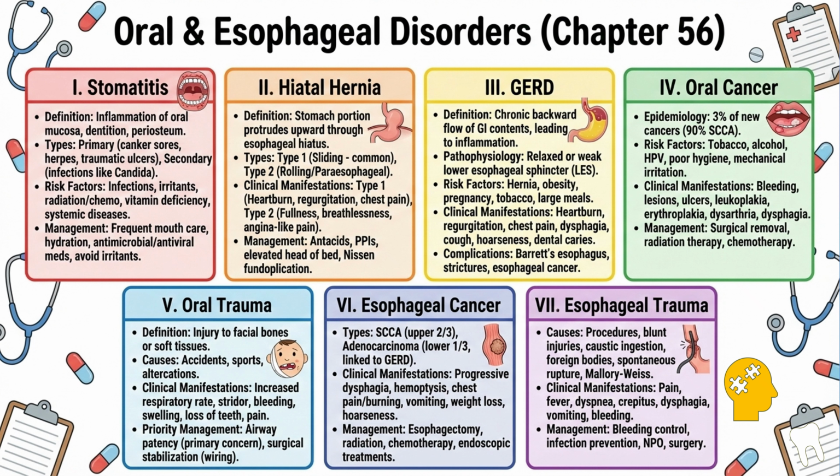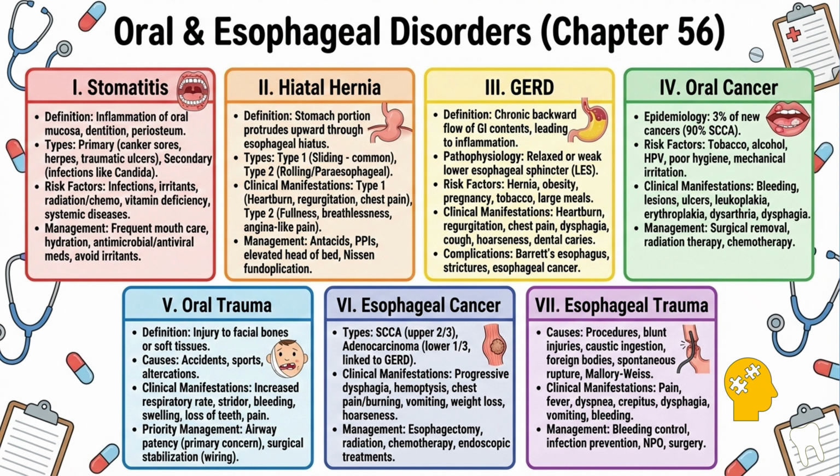severity and prevent complications. The hiatal hernia, there are two types. It occurs when the gastroesophageal junction weakens. The two primary types are sliding hernias and the paraesophageal, the rolling hernia, type 2. Sliding hernias are most common and may be asymptomatic or present with symptoms of GERD.